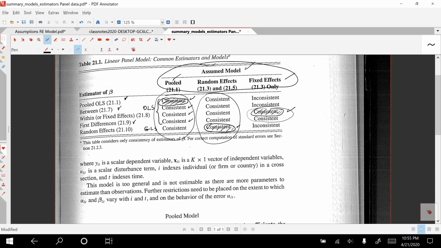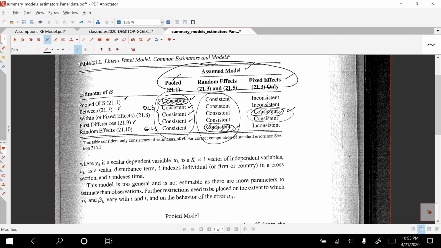Those are the ones that allow us to estimate those variance components. But I didn't talk about the first difference estimator or the pool estimator because, first of all, the preferred estimator for the random effects model is always going to be the random effects estimator. And the other thing is, you could derive all those estimators for the random effects model in exactly the same way in which we derived them for the pool model.